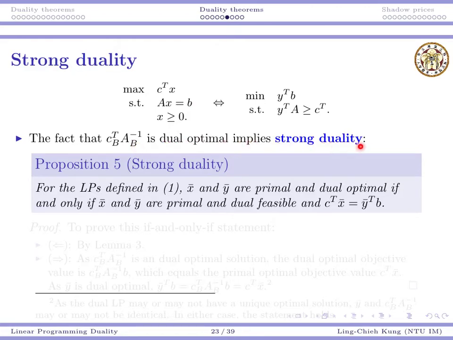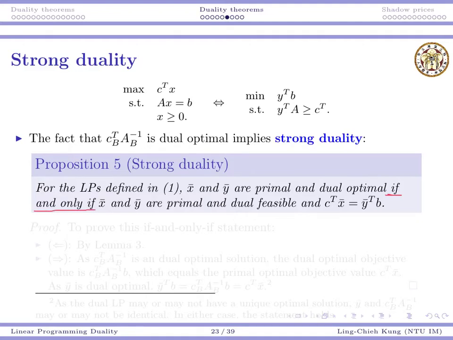And now we can prove one thing we call strong duality. For the two linear programs, x bar and y bar are primal and dual optimal if and only if they are primal and dual feasible, and their objective values are identical. Here, we read this sentence in two perspectives. The first one is that this is an if and only if statement.